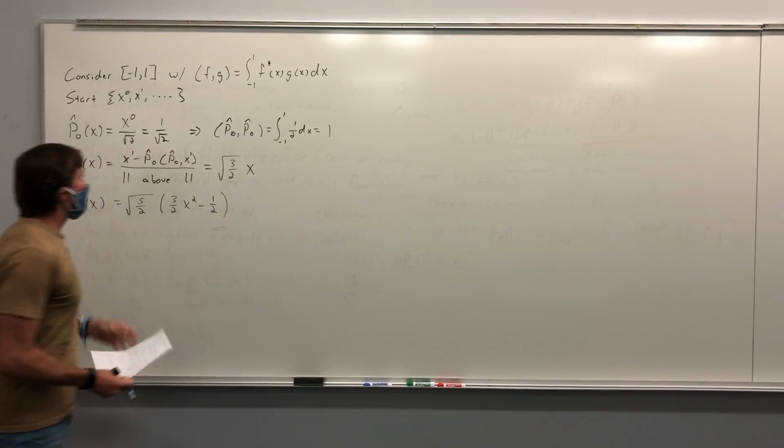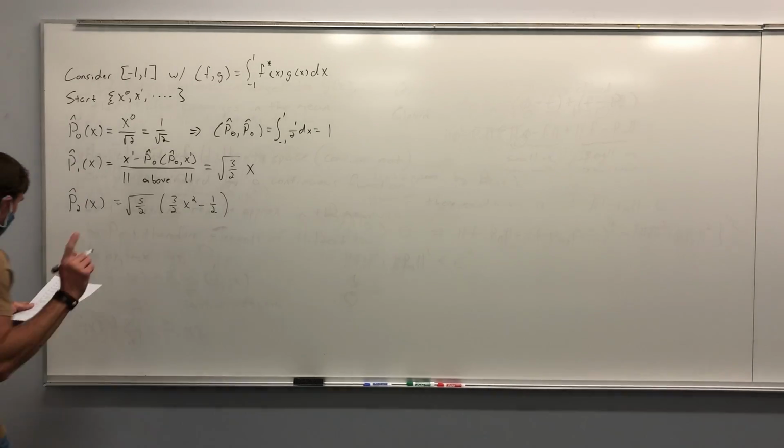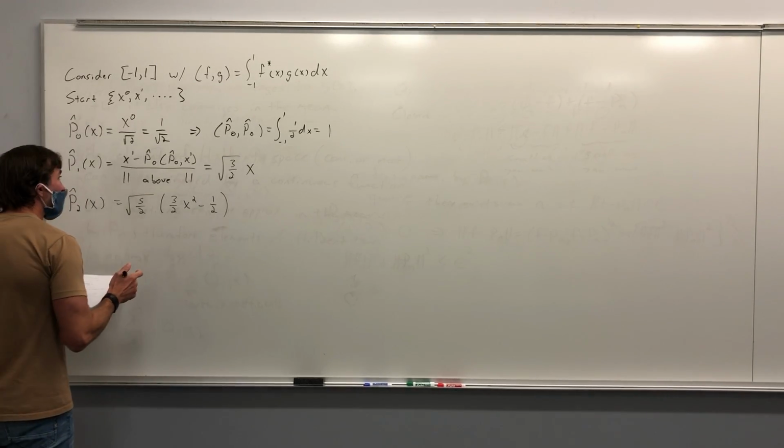Now, Gram-Schmidting is okay for the first few, but it just gets uglier and uglier the bigger and bigger things get, especially calculating the normalization factor. However, it turns out there is a cleaner way to do this.